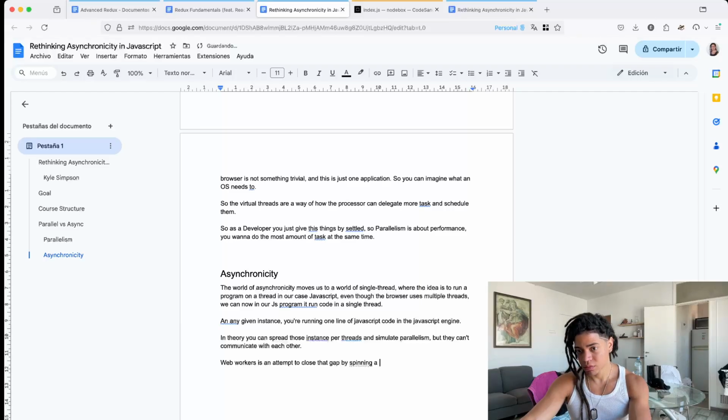Web workers is an attempt to close that gap by spinning up a new process on a thread. But that's not JavaScript. That's a browser or Node thing.